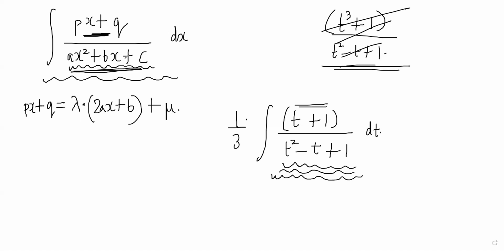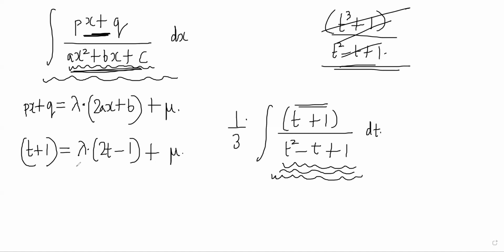Yes, sir. Sir, I got like 2t minus 1 plus 3. तो यहाँ पे क्या है, देखो, t plus 1 is equal to lambda times 2t minus 1 plus some constant, right?